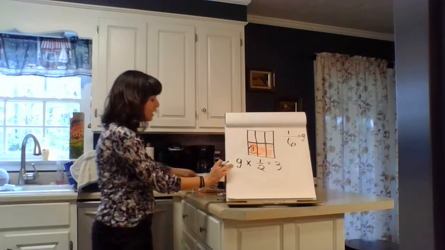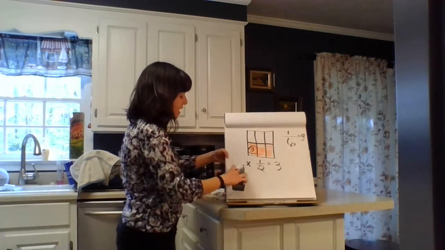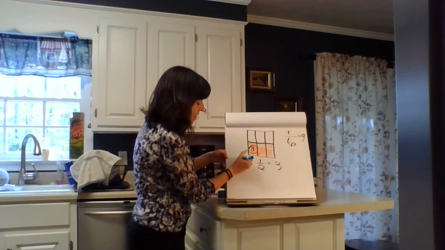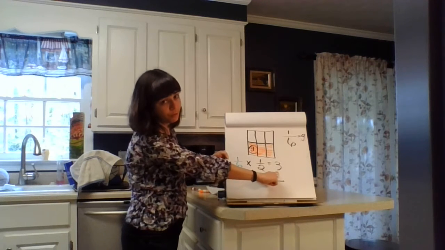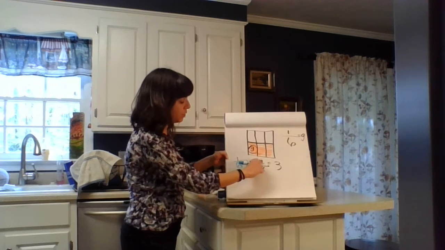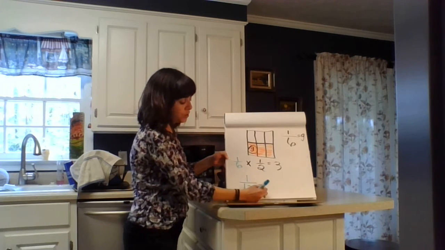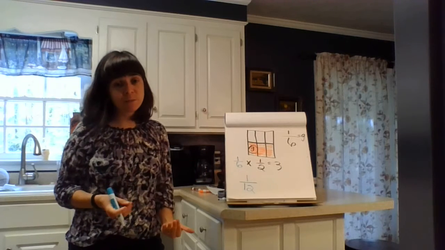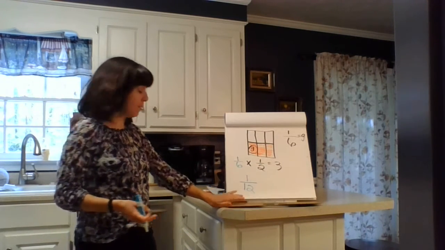So if I replace G with 1/6 and solve, if that was the correct answer, it would equal 3. Okay, 1 times 1 is 1, 6 times 2 is 12. 1/12 is not the same thing as 3 wholes. So that tells me that A is incorrect. So that's one way you could solve this problem.